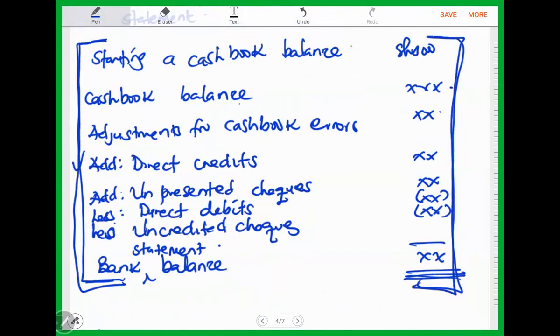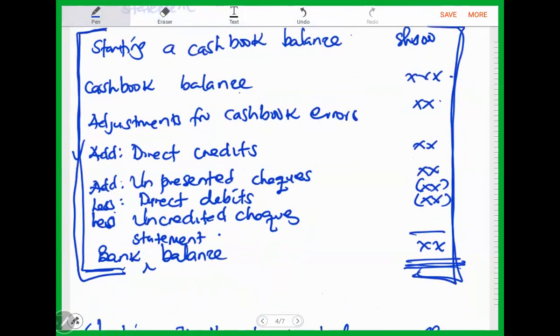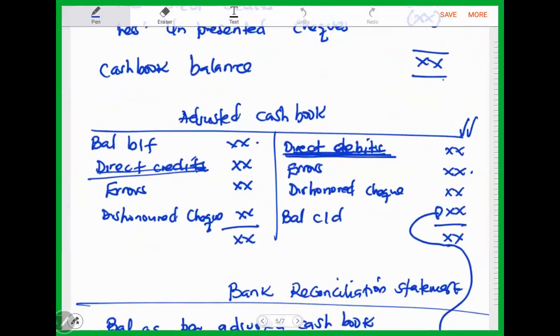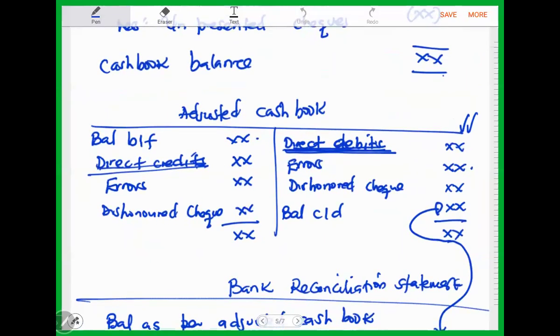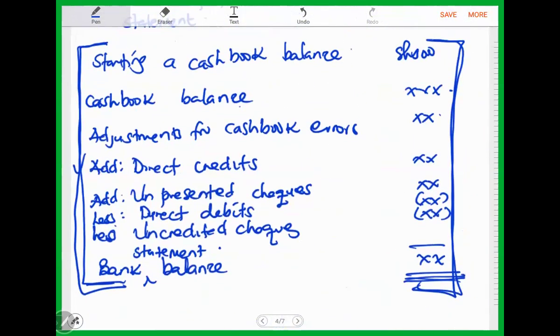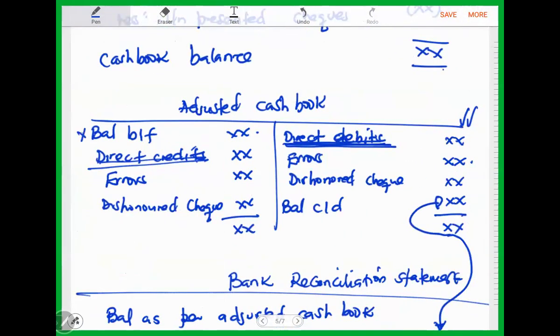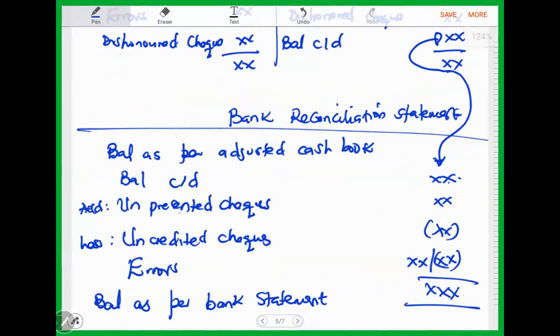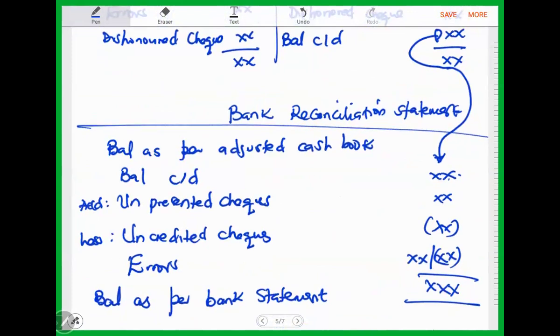And indeed, what we have done here is clearly bringing out what we have had. When you come up with the adjusted cash book together with the bank reconciliation statement, this is part number 1. That is when we start with the cash book balance. You make these adjustments, then you come to the bank reconciliation, you add the unpresented and less unpresented, if there are any errors you bring them, and then you come to the balance by the adjusted bank statement. That is number 1.